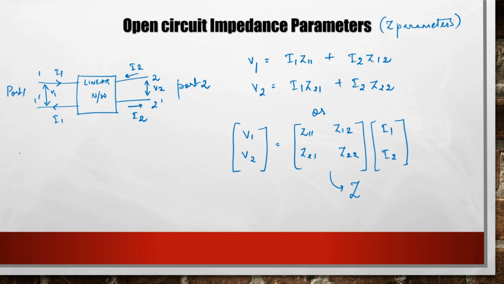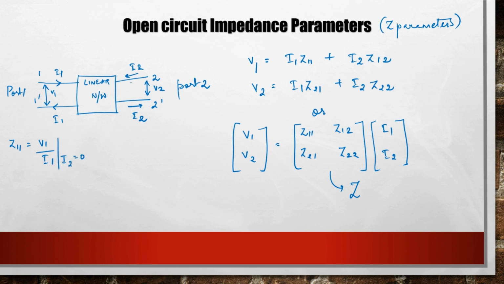So we can look at each of these in detail. So Z11 is, from this equation we can understand in an easier manner. We can find out what Z11 is. If we consider I2 is equal to 0, then Z11 simply is V1 by I1. So Z11 is V1 by I1 considering that I2 is equal to 0.